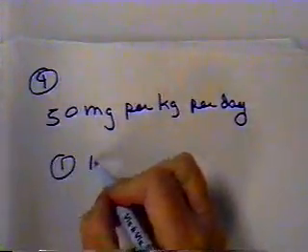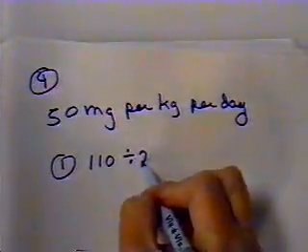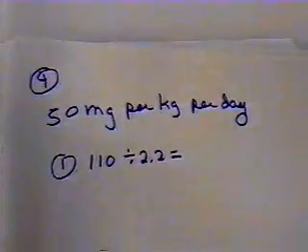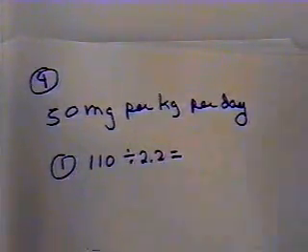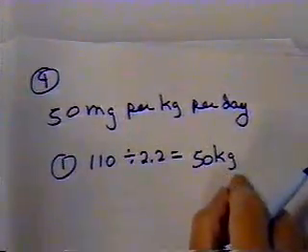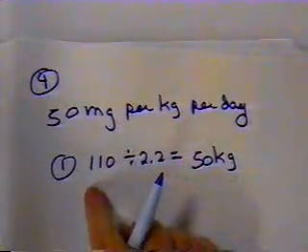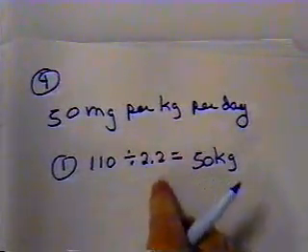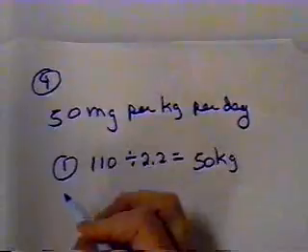First, take the pounds divided by 2.2. That changes the person's weight to kilograms. We have to have kilograms, so we always divide pounds by 2.2 to get kilograms.